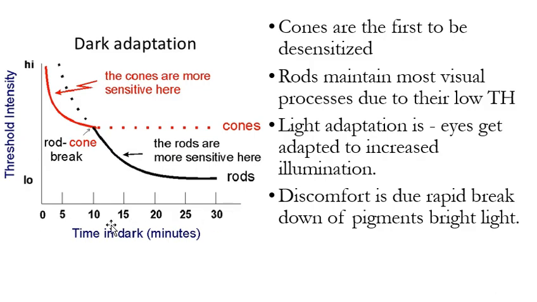All right. So if you just walk in, the cones are really sensitive, but as you spend more time in the dark, you find that the cones are the first to go, and then you remain with the rods which are more sensitive and they stay on with you.